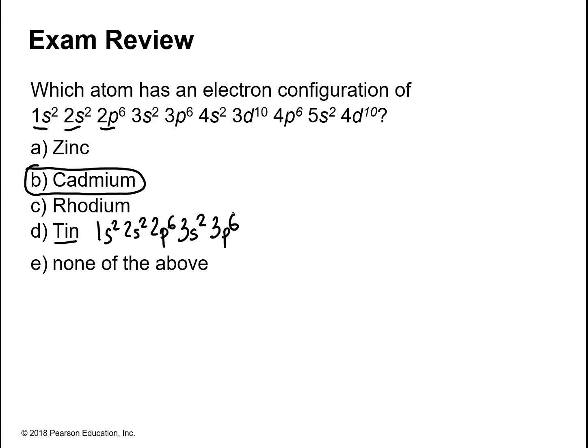Before I go any further, looking at your periodic table, what's the last sub-level that I should be filling for tin? Which, if you can't find it, Sn is the symbol. What is the last sub-level?